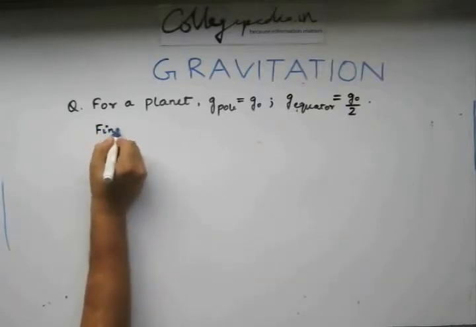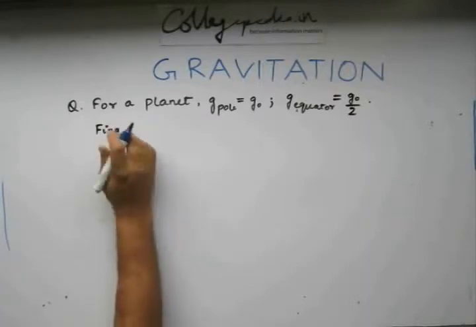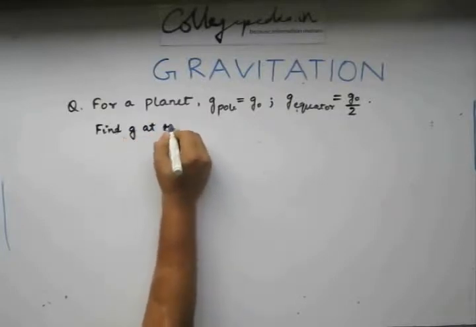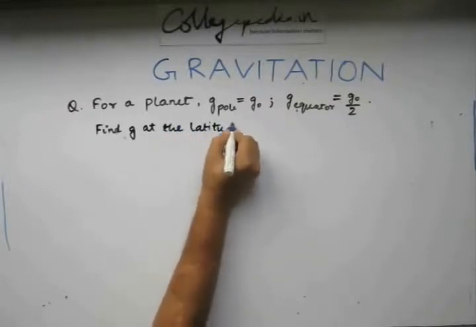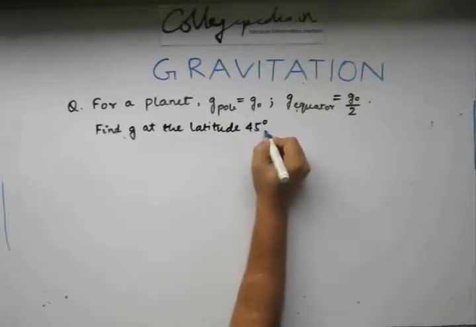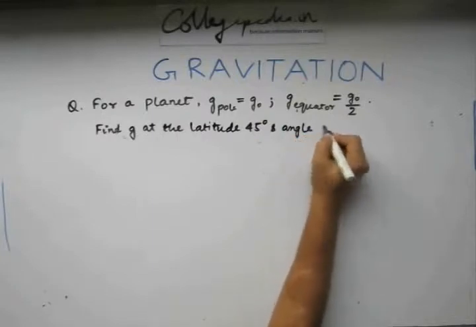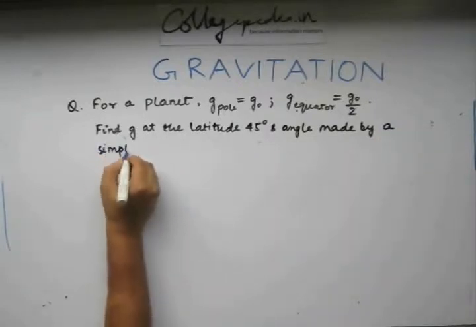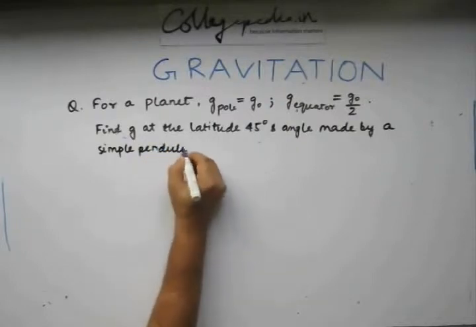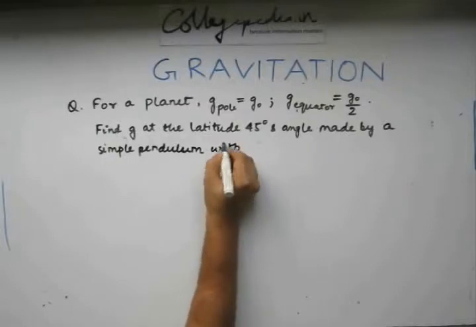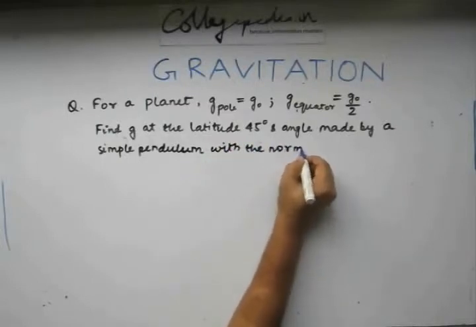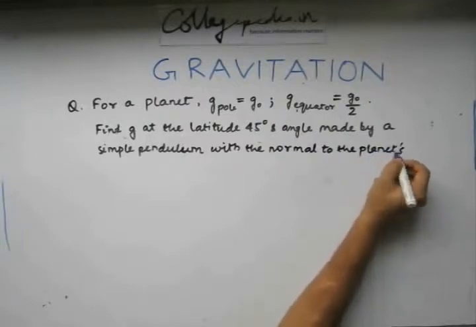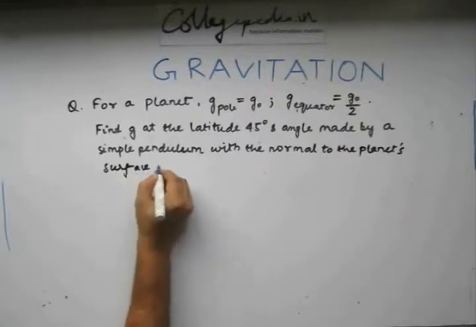We need to find the g at the latitude of 45 degrees and the angle made by a simple pendulum with the normal to the planet's surface at this latitude.